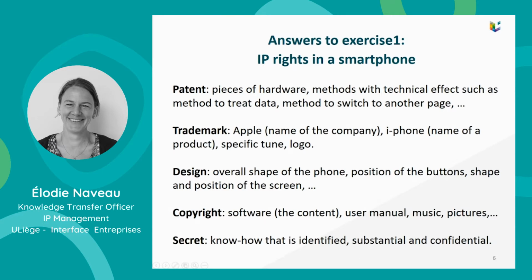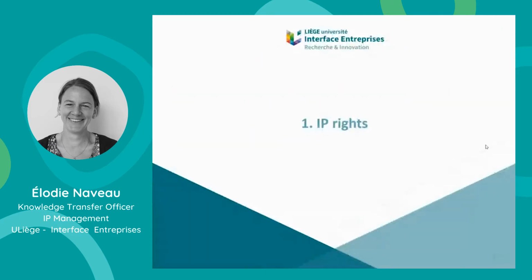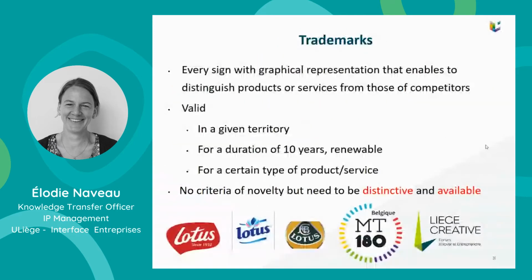So now we will see more in detail the different IP rights. Let's start with trademarks. Trademarks will protect every sign with a graphical representation that enables to distinguish products or services from those of competitors.